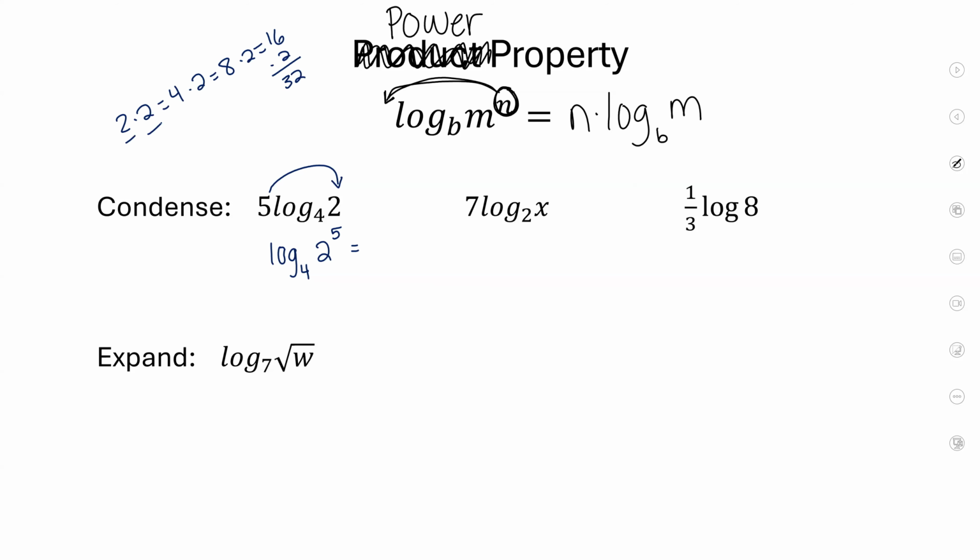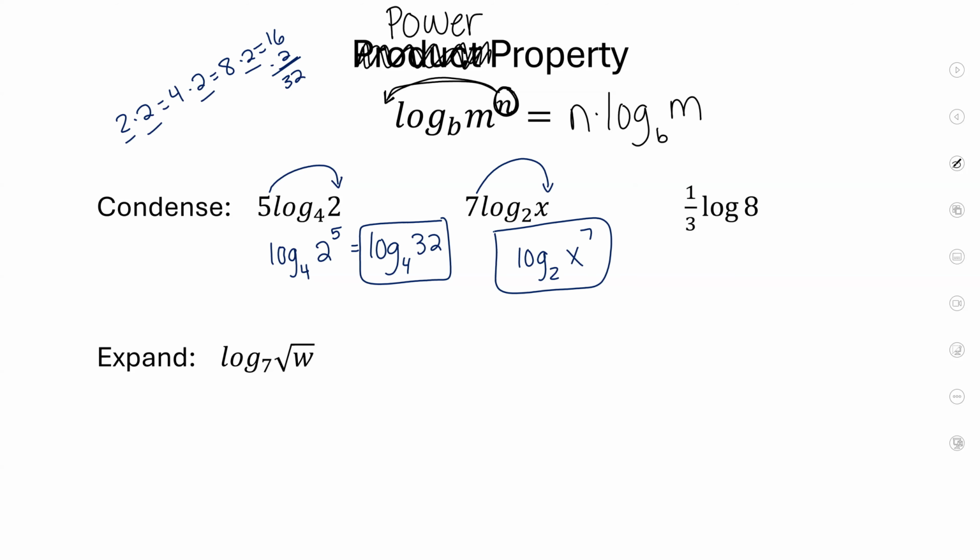That's 1, 2, 3, 4, 5 2s. So this is log base 4 of 32. This can come up here. So this is log base 2 of x to the power of 7. This can come up here. This will be log of 8 to the 1/3.